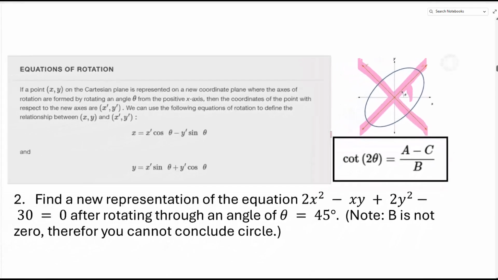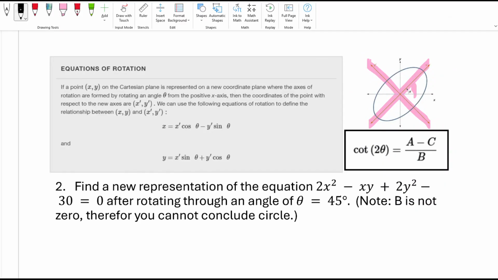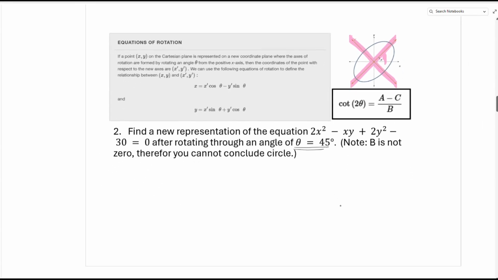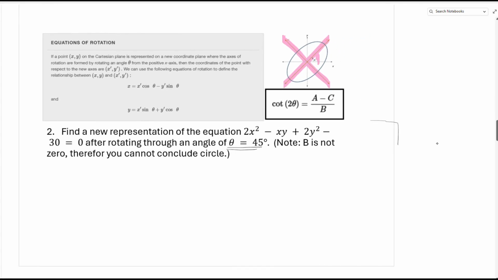So, all right, first things first here, this first example, they give us the theta. They're telling us that our conic section has been rotated 45 degrees. So I already know that it's not going to be a straight y-axis, x-axis.